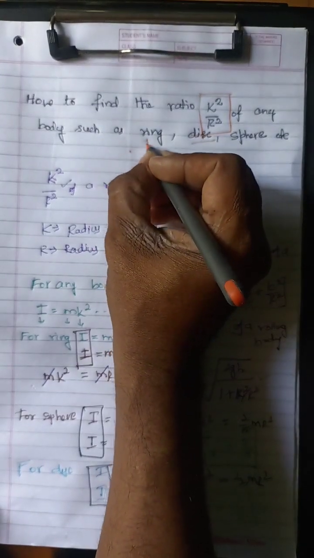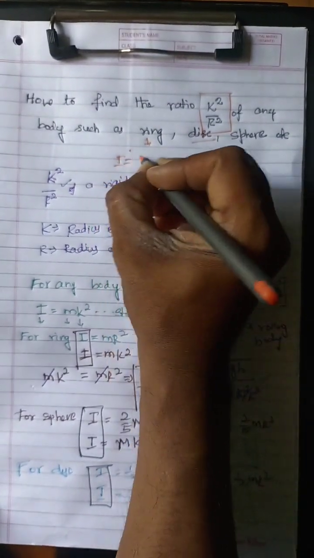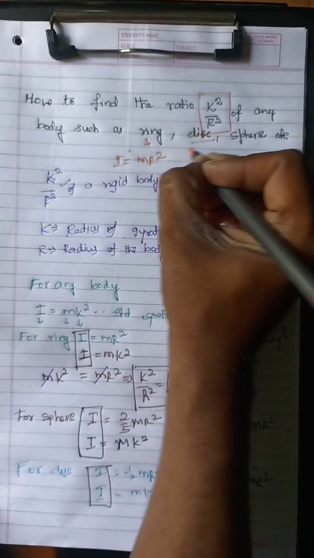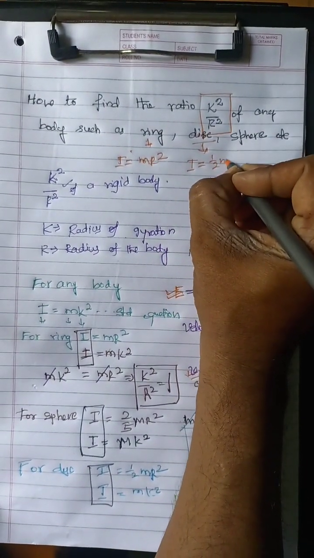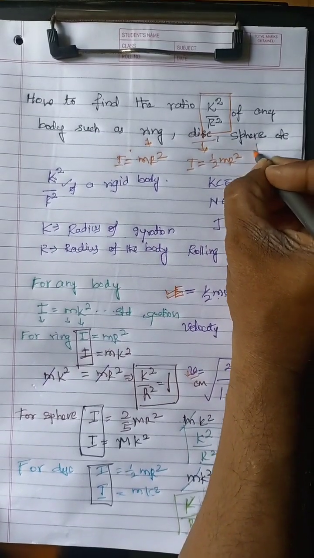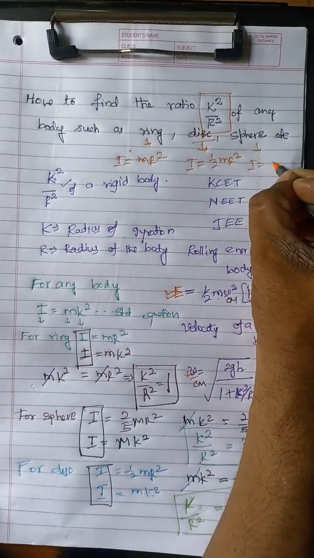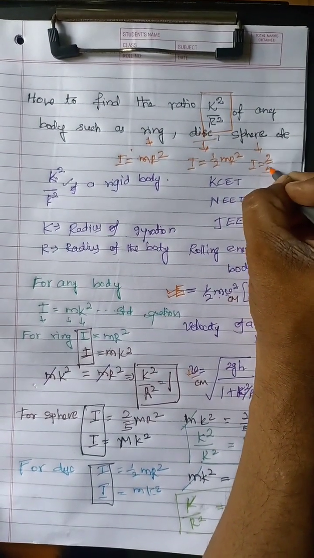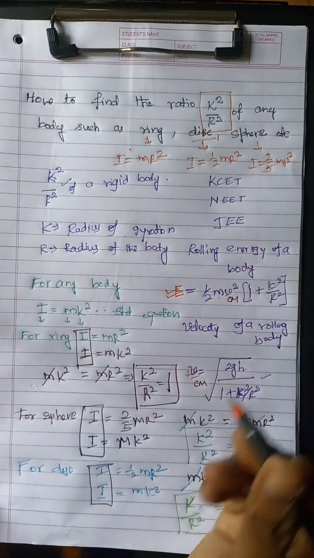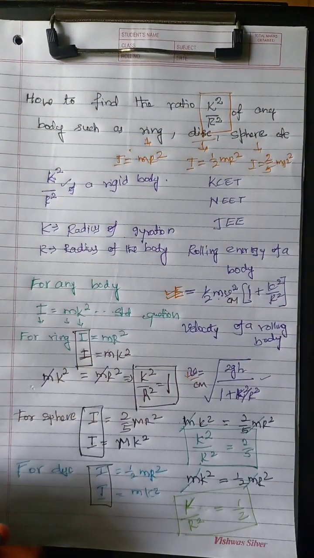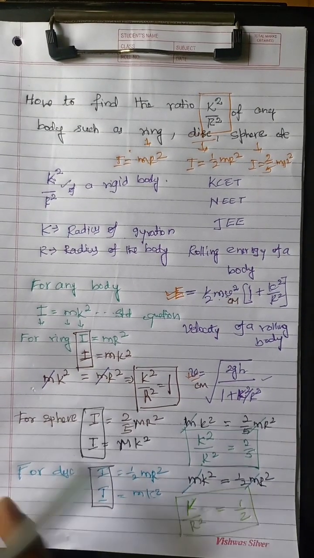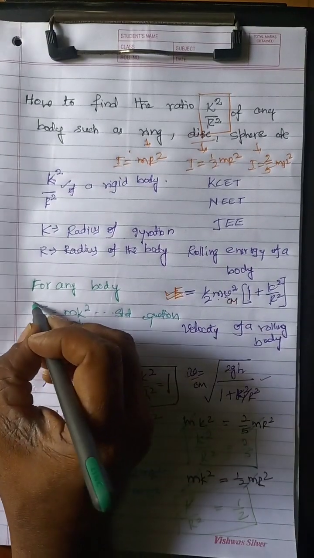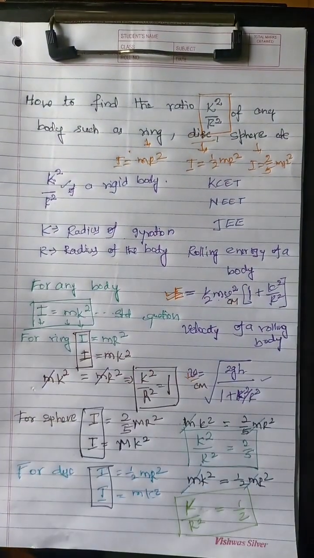You know that for a ring I is equal to mr square. For a disk I is equal to half of mr square. For a sphere I is equal to 2 by 5 mr square. Now your duty is to compare the moment of inertia of different bodies with the standard formula I is equal to mk square.